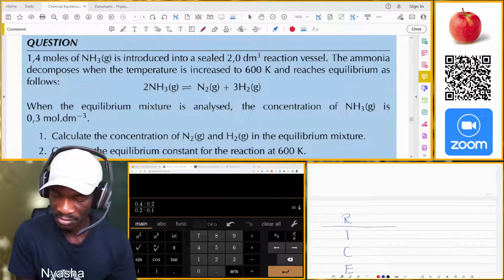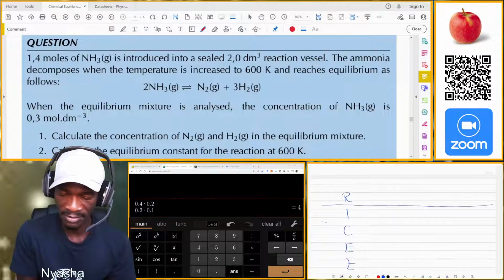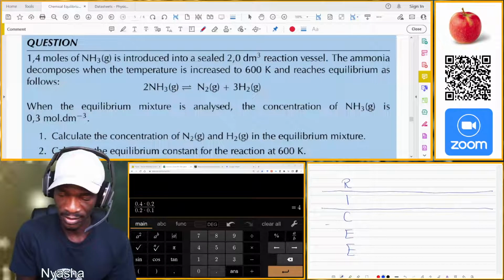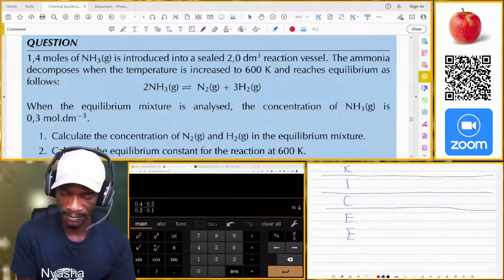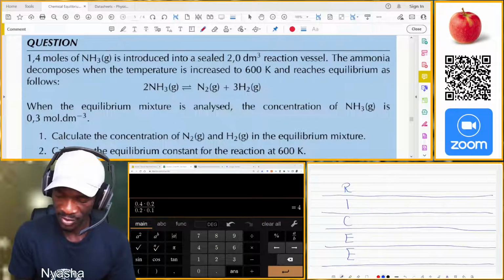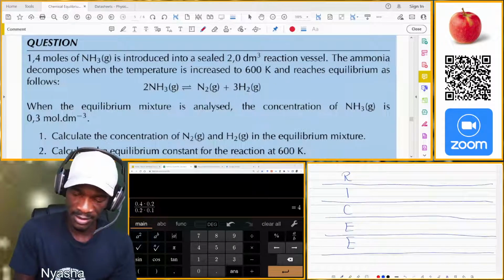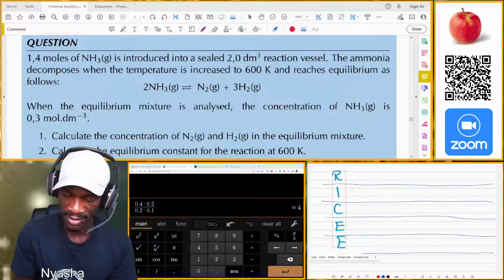So let's make it tabular. There we are, we have our Rice table.